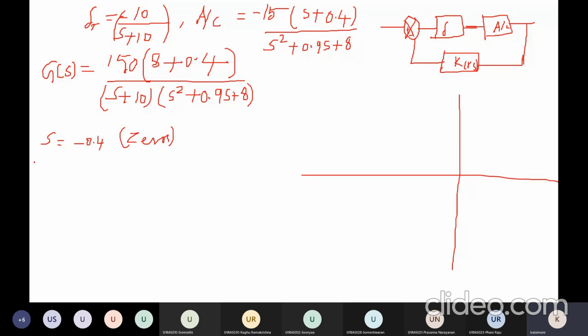Then my poles: one is s plus 10, therefore s equals minus 10. Then s square plus 0.9 s plus 8 equals 0. While solving this equation, what are my poles?